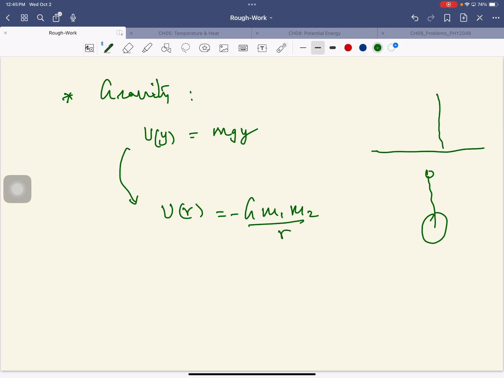Right now, if you're on Earth and not going too far from Earth, and acceleration due to gravity is constant, then this is the potential energy function. That function is an approximation of the full function, but the full one is a pain in the neck to use. So right now we'll use this.